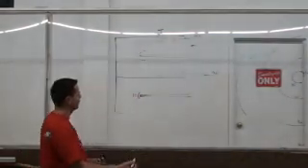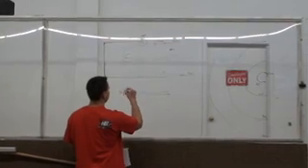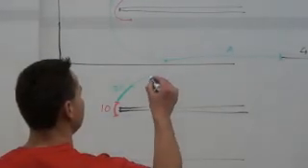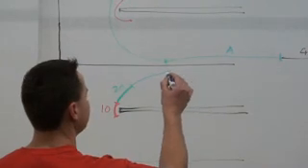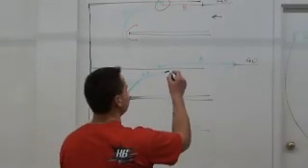So we're going to do our 20 after that. 20, that's going to be something like that. And then 30. 30 is going to be a wider corner. And then go 40.